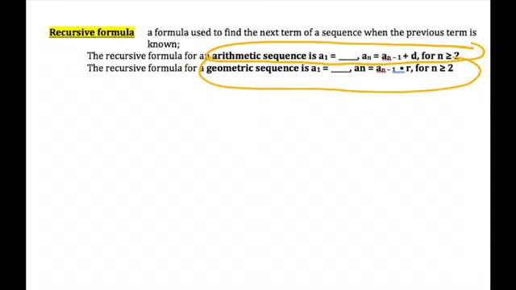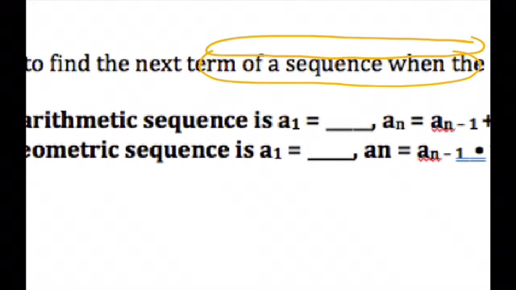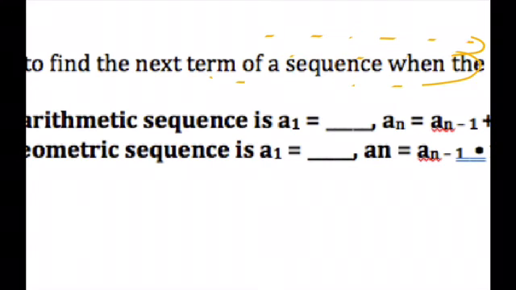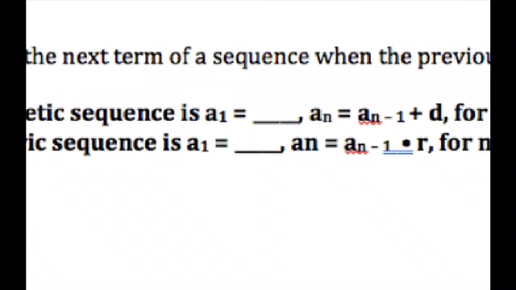I'm going to see if I can zoom in here just a little bit. So the first one here is our arithmetic one, and what I'm looking for is what a sub 1 is. So we're going to put that right there.